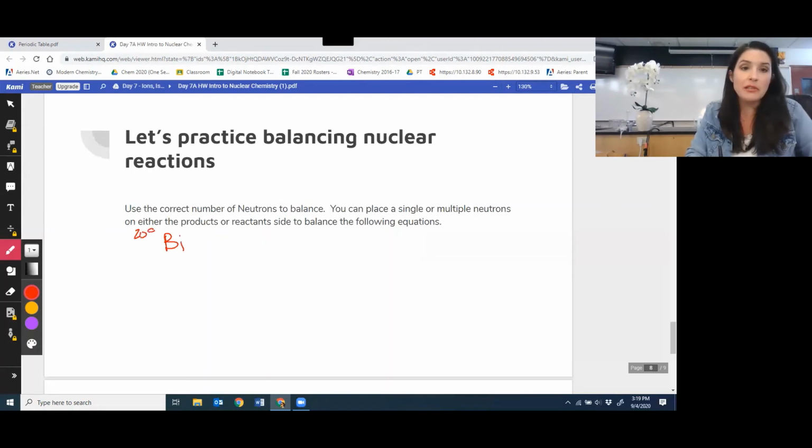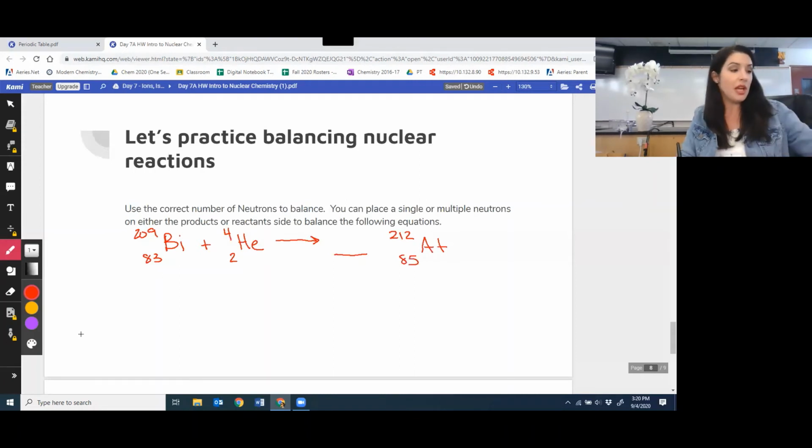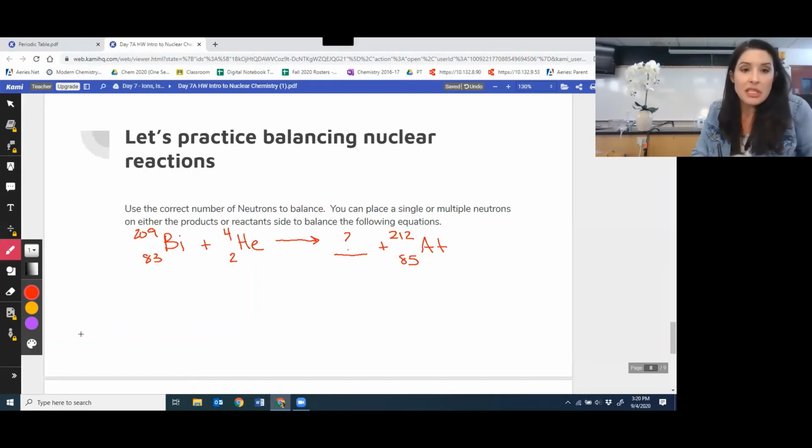Bismuth 209 plus helium 4 reacts and you're left with astatine 212. So my question to you is, what goes here? I'll give you another example to practice.